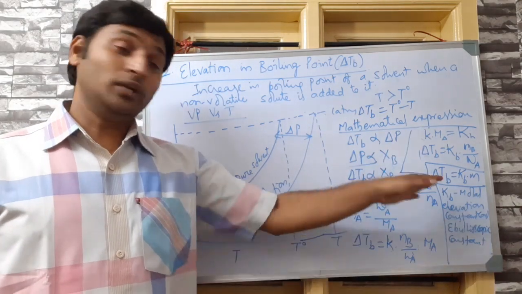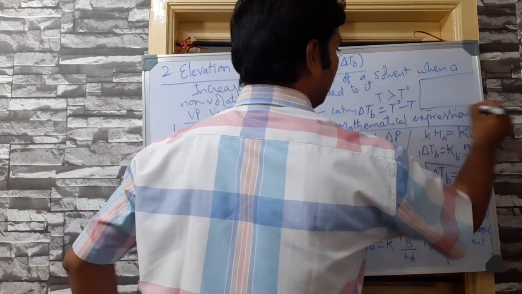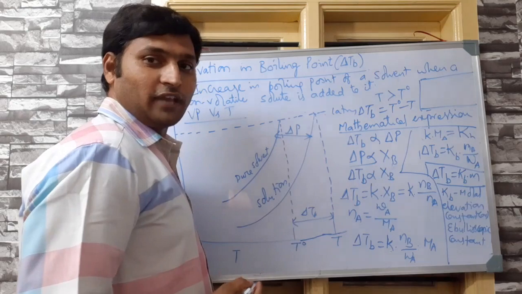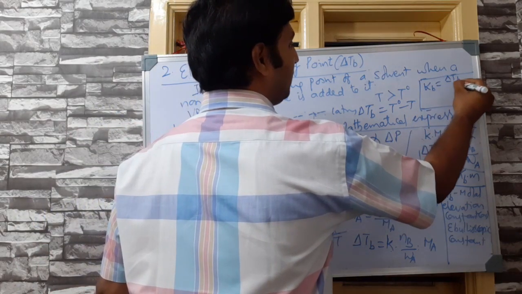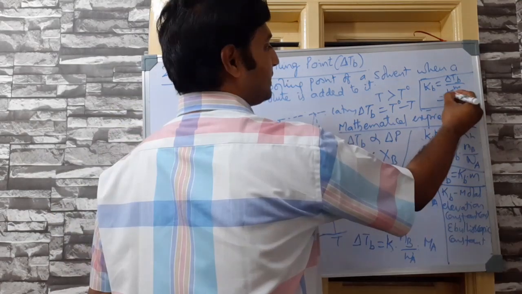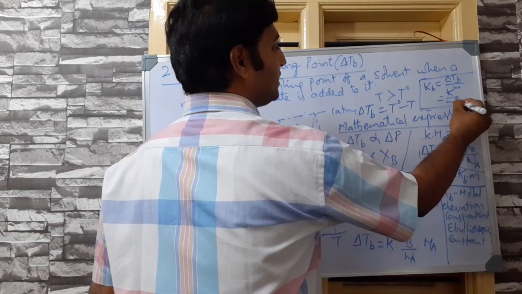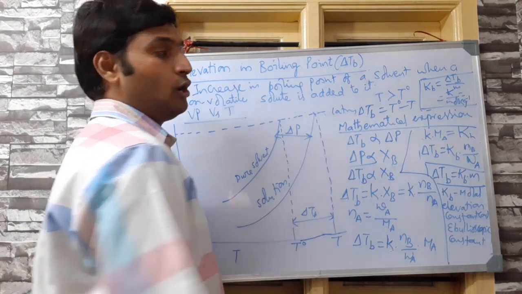Now, arrive at the units of Kb. Let me write here. Sorry, I'm messing up with the space. Units of Kb, how do you get? Kb is equal to delta Tb by molality. Correct? Delta Tb is expressed in Kelvin. Molality is expressed in mole per kg. Now bring the things to the top.